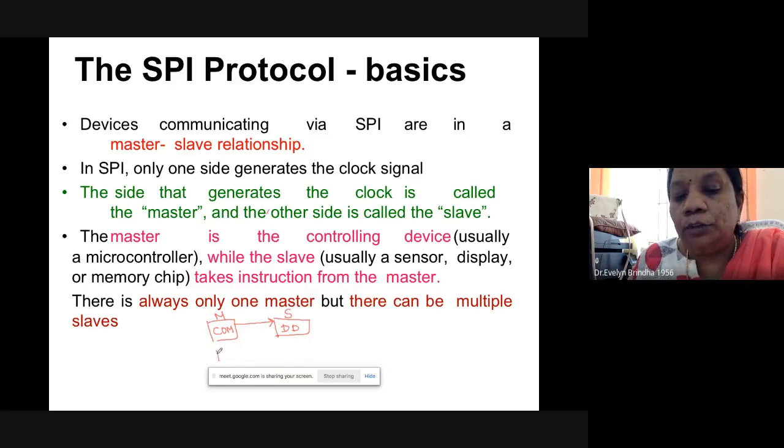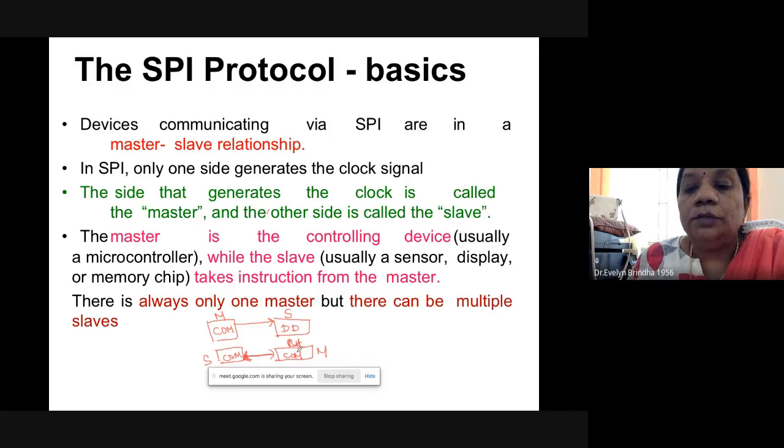Suppose I have 2 computers, one connected with another computer for some other interfacing. This also has a clock, but whichever is generating the clock for that communication is the master. If this computer is generating the clock, then it acts as master and the other acts as slave, so the arrow will be facing this side.